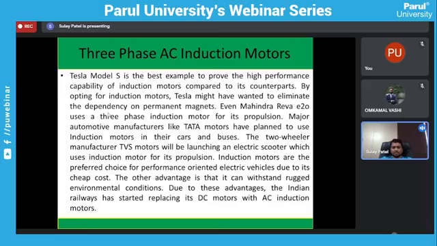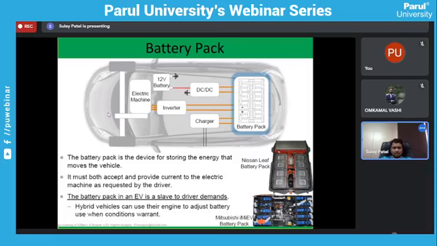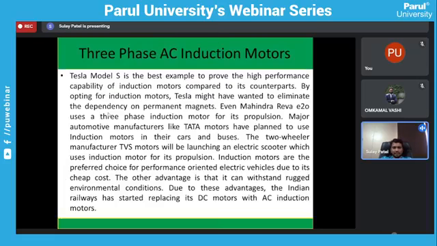Induction motors are the preferred choice for performance-oriented electric vehicles due to their cheap cost. The other advantage is that they can withstand rugged environmental conditions. Due to this advantage, Indian Railways has started replacing DC motors with AC induction motors, and the majority of electric vehicle manufacturers are also planning to use this AC induction motor in their vehicles. So this is all about the motors.